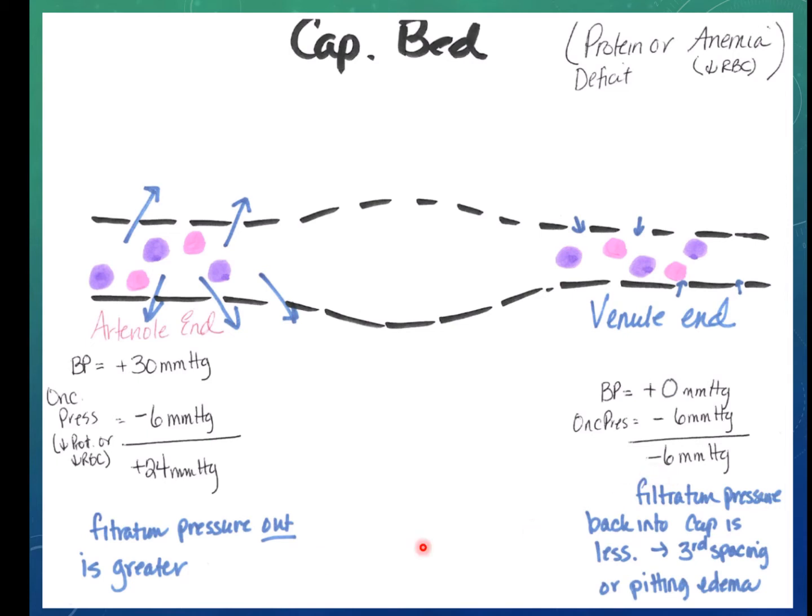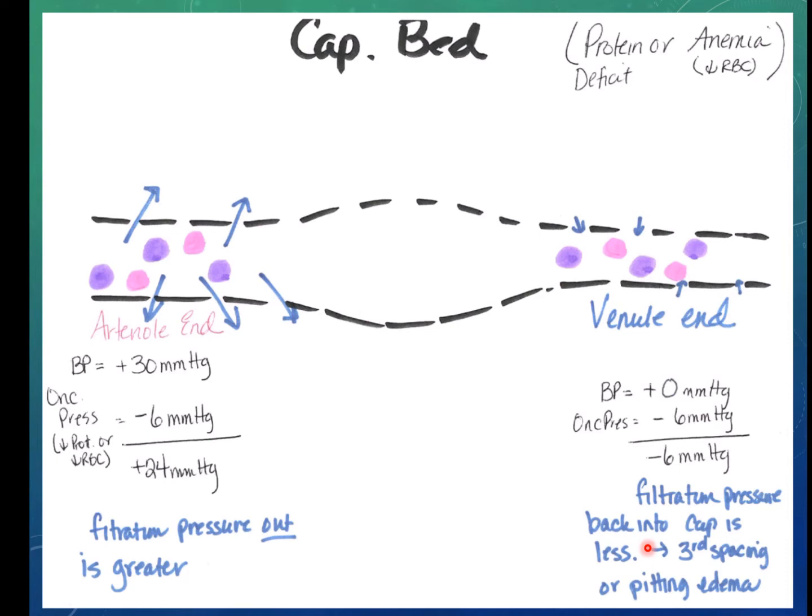So we have a scenario where the filtration pressure out of the capillary is higher than it was before, and the filtration pressure back into the capillary is less than it was before. Now, that's going to create a situation where you've got, if you just look 24 minus 6, you're leaving like a plus 18 of fluid out there, right?